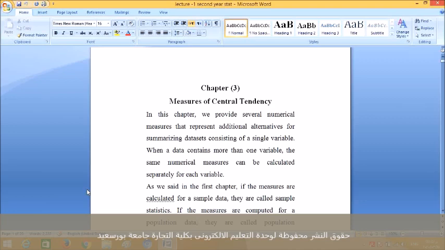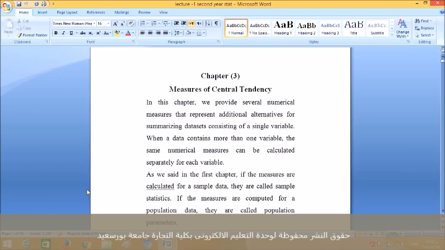If the measures are computed for population data, they are called population parameters. So you have to differentiate between sample statistics and population parameters. Okay?